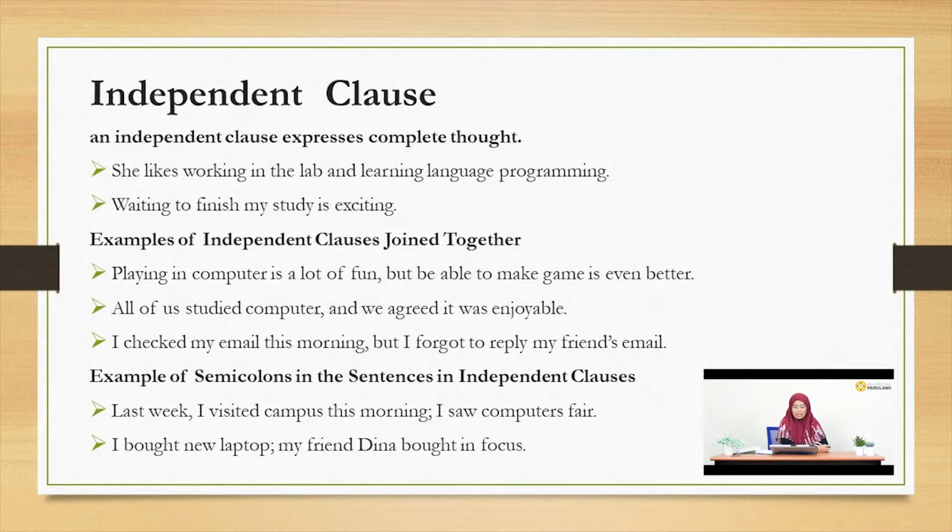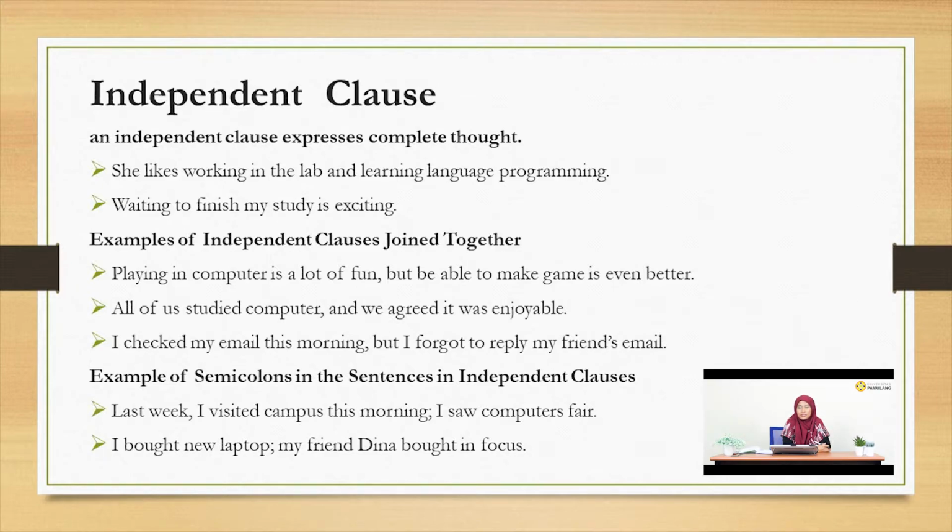For example, she likes working in the lab and learning programming languages. That is a complete thought. Waiting to finish my study is exciting. It is also a complete thought. It is a complete sentence. So this we call an independent clause.